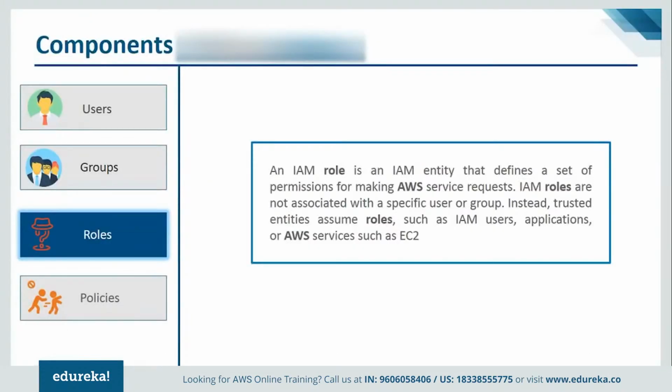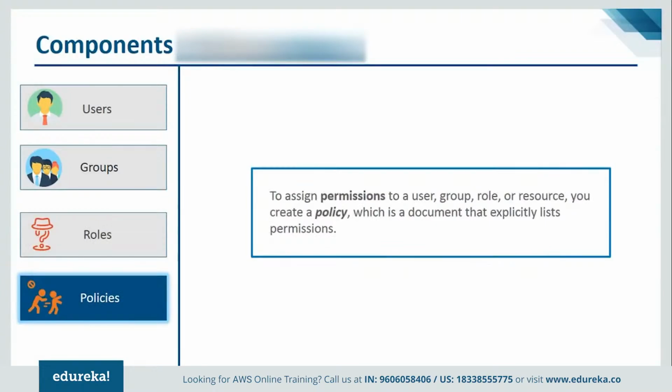So roles, like I said, are for resources in AWS. Users are for people. Roles and users are similar things. You attach policies onto them, and they basically identify a particular instance or a particular person as the owner of that particular service, right? So we've discussed what roles are. Let's move on and discuss policies.